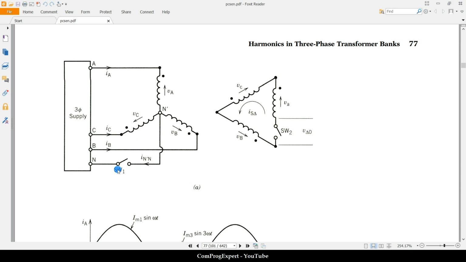So in this case, when SW1 is open, we have third harmonic for the induced voltage in these coils. V delta 0 is 3 times the value of the induced third harmonic voltage in one coil.